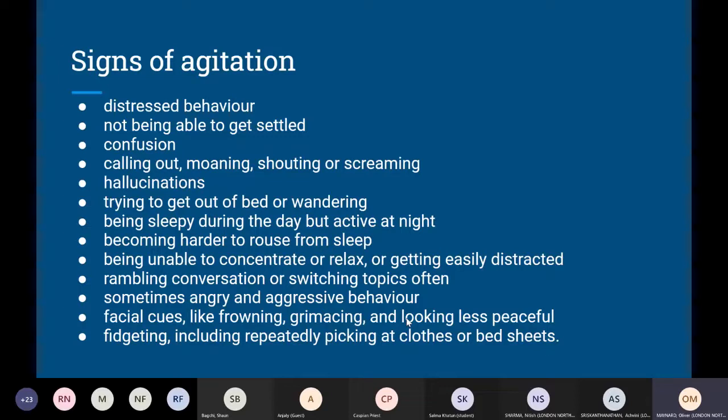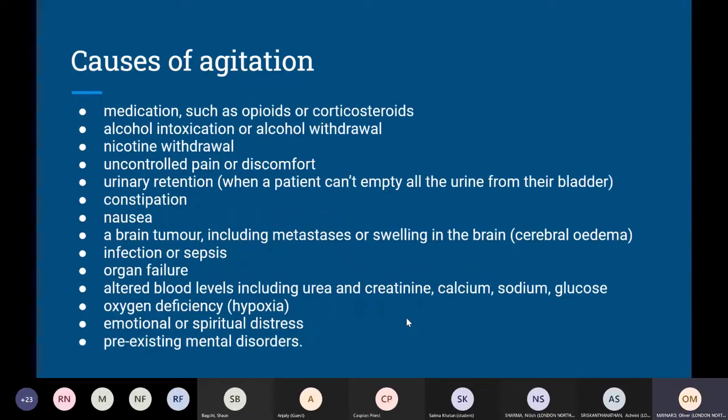So when someone is being palliated in the terminal phase of their life, they tend to stop routine observations and start palliative observations, which include checking for signs of agitation, pain, respiratory secretions and such. And it can be caused by a whole host of issues. Obviously, these can be overlapping and be multifactorial at the same time.